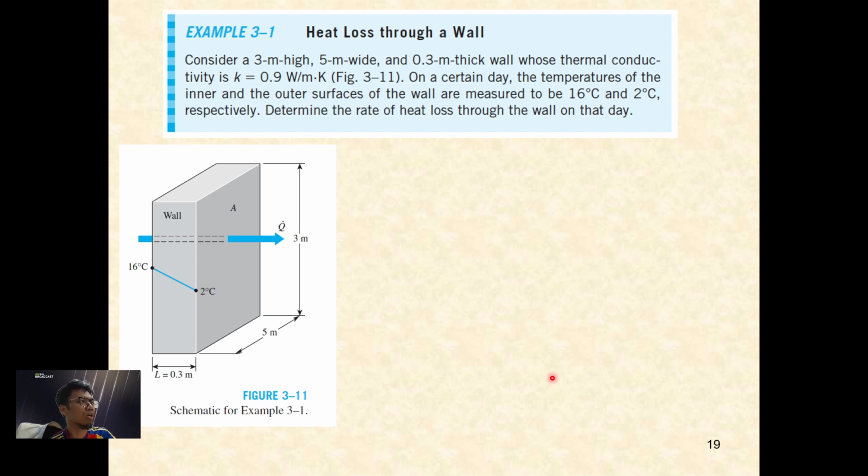On a certain day, the temperatures of the inner and outer surfaces of the wall are measured to be 16 and 2 degrees Celsius respectively. Then calculate the rate of heat loss through the wall.